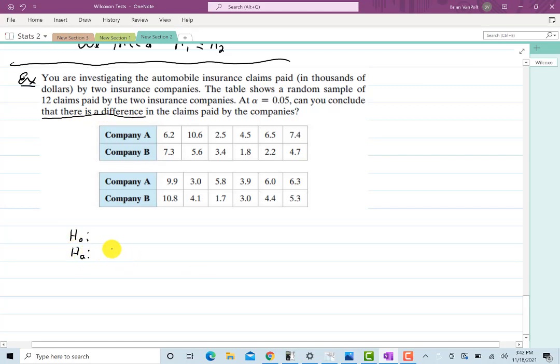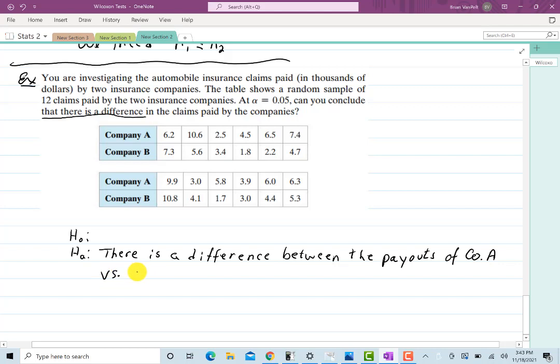So for HA we have there is a difference between the payouts of company A versus company B. So that would be like a non-equals, if you will.